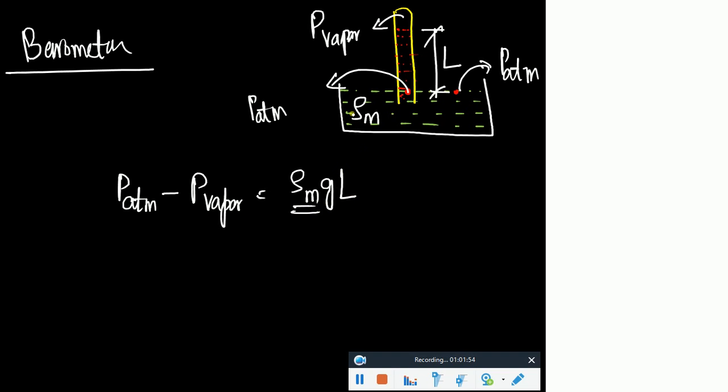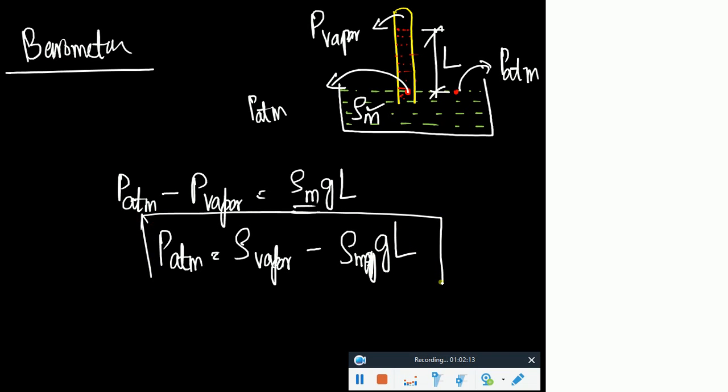Rho m means I am talking about density of this mercury. Generally it's mercury, so that is why I am representing it as mercury. Right, so you can say that in this case P atmosphere would be equal to P vapor plus rho m gL. This is how you measure pressure through a barometer. Oh, I'm sorry, yes, it should be added.